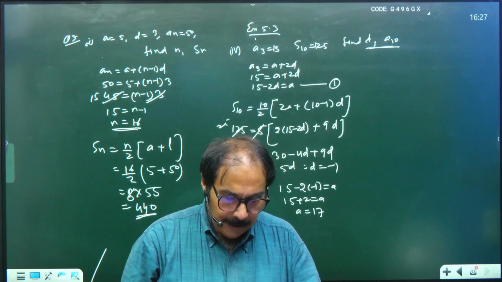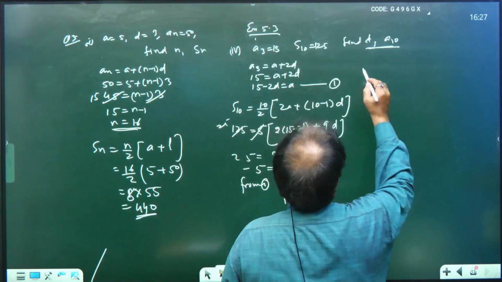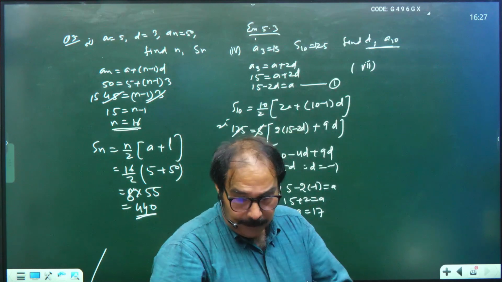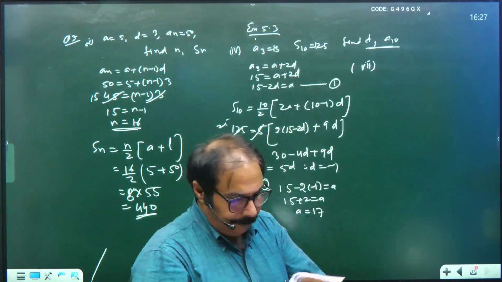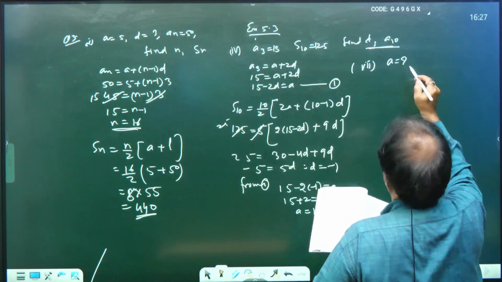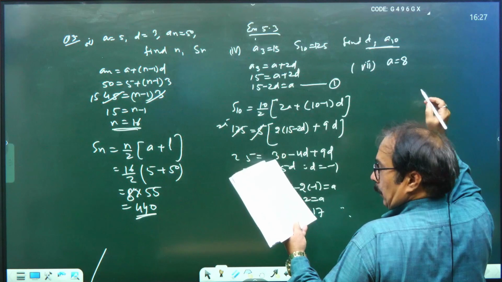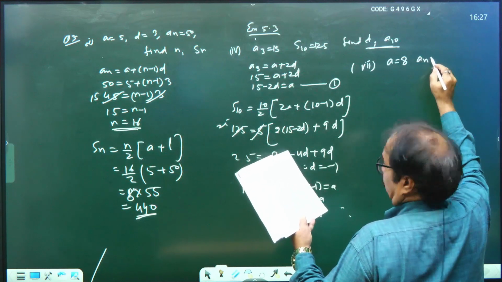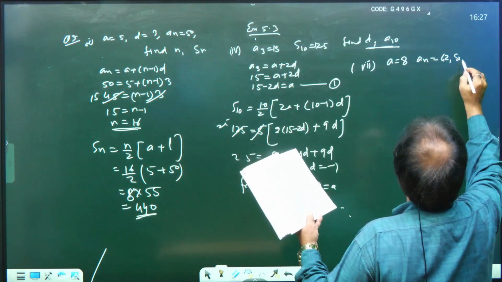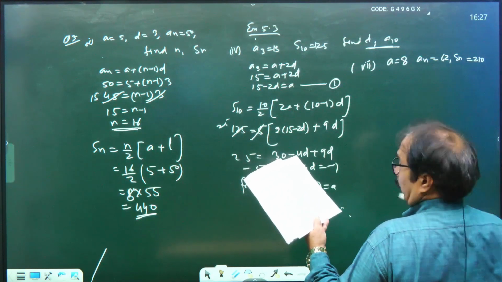Sixth, now I am taking the seventh part. Okay, the seventh part of this question. The seventh part is given that a is equal to 8, and an is equal to 62, and Sn is equal to 210.